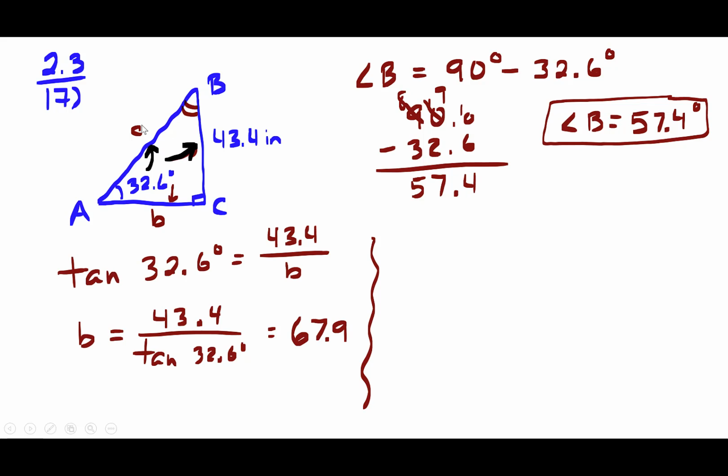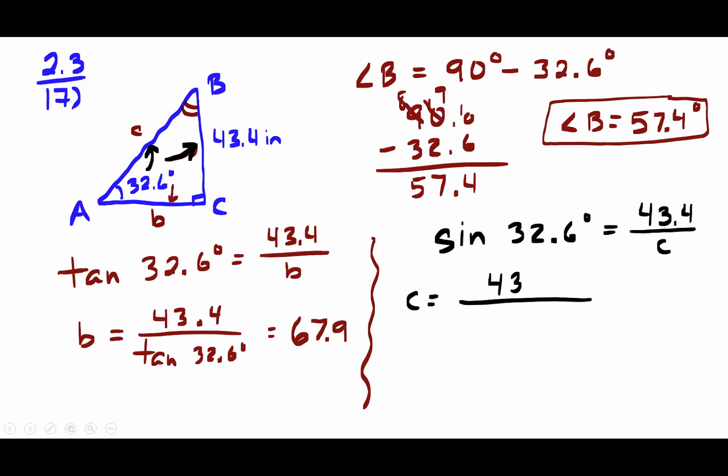So opposite over hypotenuse, that's sine. So sine of 32.6 degrees is going to give us 43.4 over the hypotenuse. Again, multiplying c on both sides and dividing by sine on both sides gives us what we should plug into a calculator. And once you plug it in, you get 80.6.